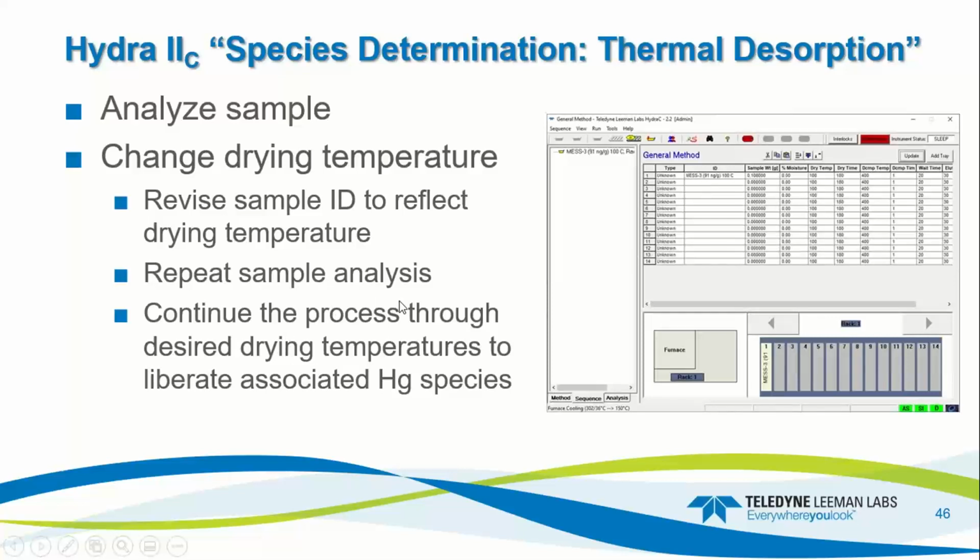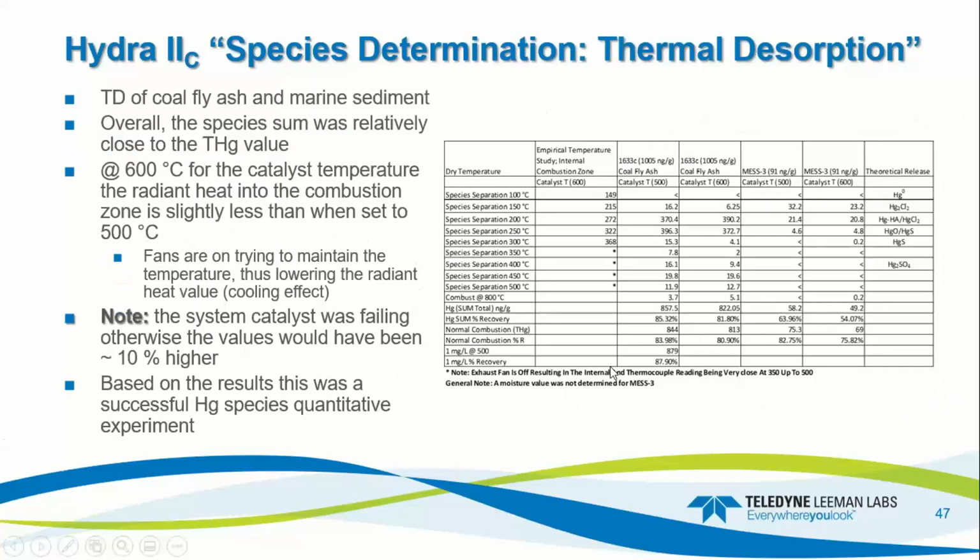Keep the sample in the boat. You're going to analyze the same sample over and over and over. So it's going to inject, and so forth. And it's going to take probably a little more than an hour to get all the analysis for each different temperature. So you continue that process.